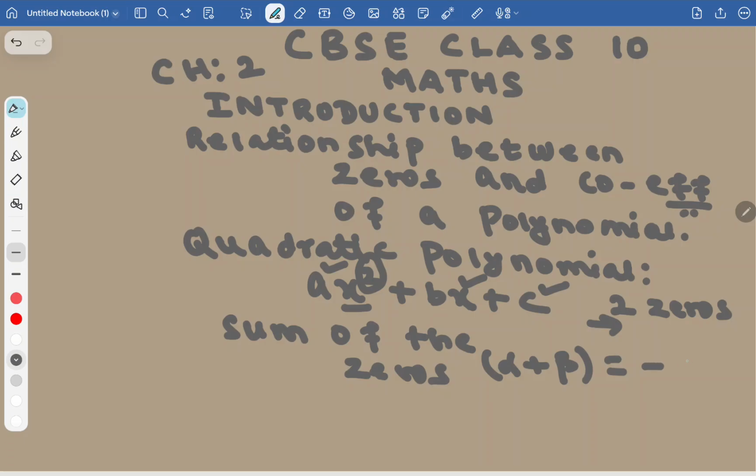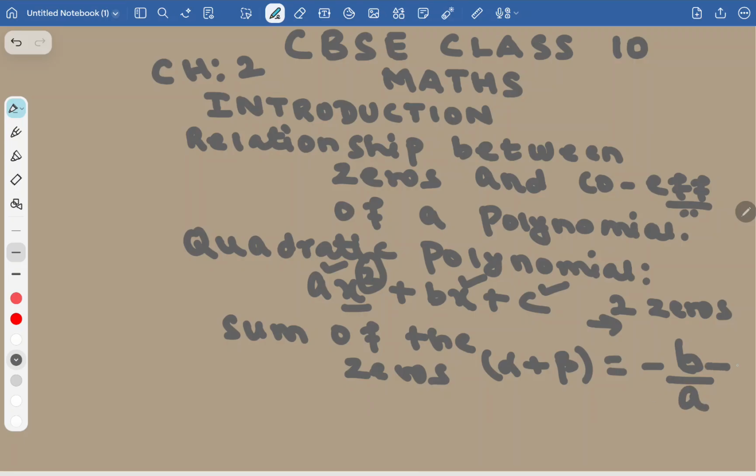The formula, the relationship is coefficient of x, that is b, coefficient of x square, a.